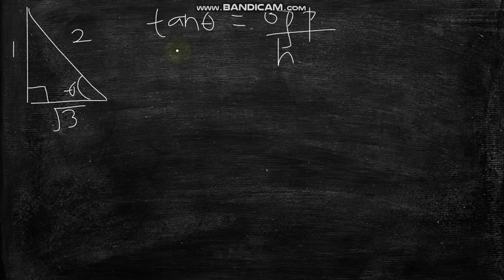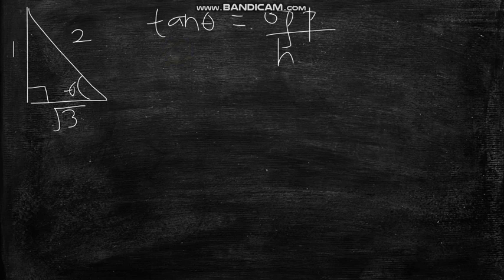Tan theta. So now we have 1, 2, and √3. You don't have to rewrite all these things, I'm just rewriting it for lack of space. So we have to find tan theta. So tan theta, TOA, is opposite over adjacent.